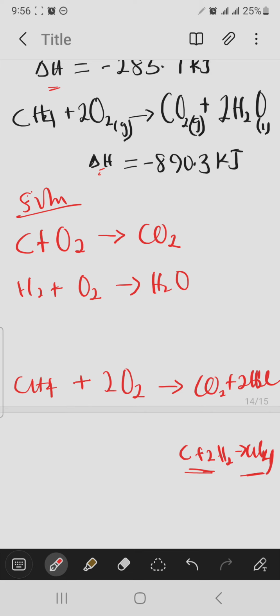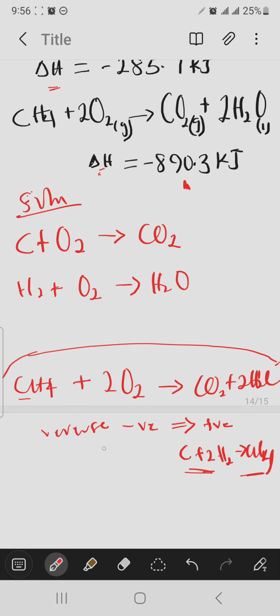So one thing you should understand is that if you want to reverse the equation, changing the reactant to the product, the sign of the enthalpy change flips. If the enthalpy change was negative, it will turn positive. If it is positive before, it will turn negative. That's what I want you to know.